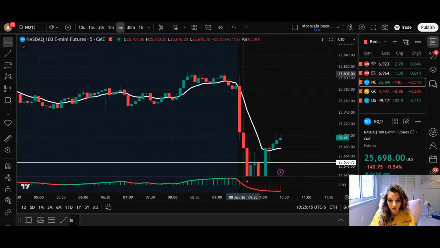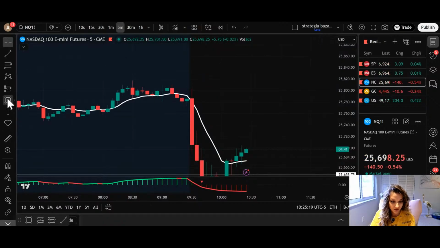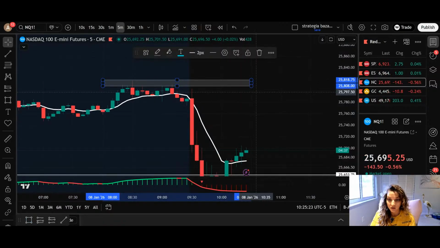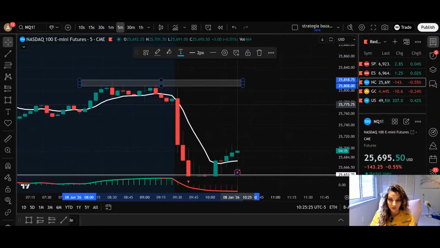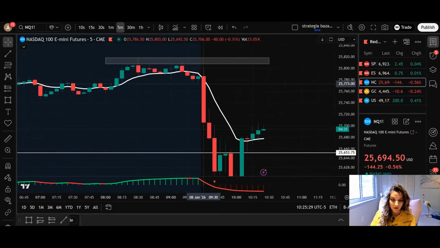So ignore this candle. You see the price was consolidating. So you make some, yeah, micro and mini NQ. So you're trading, yes, it's the same. Nasdaq.